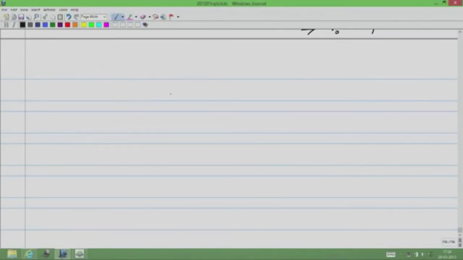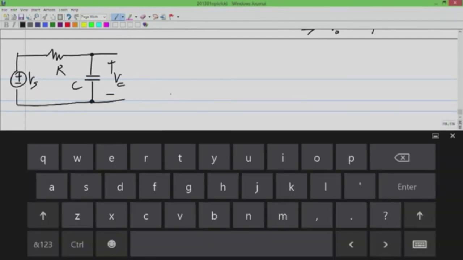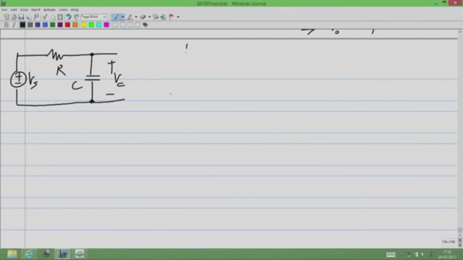So let me just tabulate the results. The circuit we are looking at is this RC, and the variable I am trying to calculate is this. I took two kinds of inputs. One where the input jumps from some Vp to 0. And in this case, the capacitor voltage Vc will do something like that.